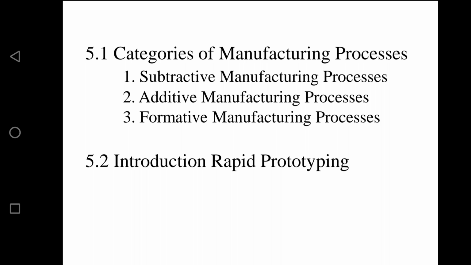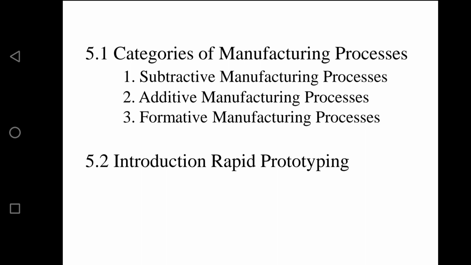So what are the different types of processes? For example, the first one is rapid prototyping. Well, that is what your fifth unit deals with, that is rapid prototyping. So rapid prototyping is an example of additive manufacturing process where we add material to get the desired object.